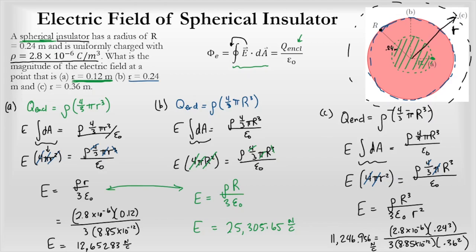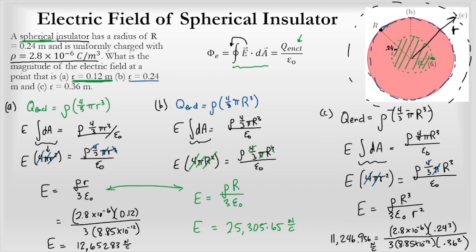Okay. So, I like this problem in reflection because it exemplifies how to find different charge enclosed. You can see that the charge enclosed is different for the first part than for the second part. And the third part and the second part have the same charge enclosed because we're at the surface of the sphere or we're outside the sphere. All of the charge is enclosed by the Gaussian surface.